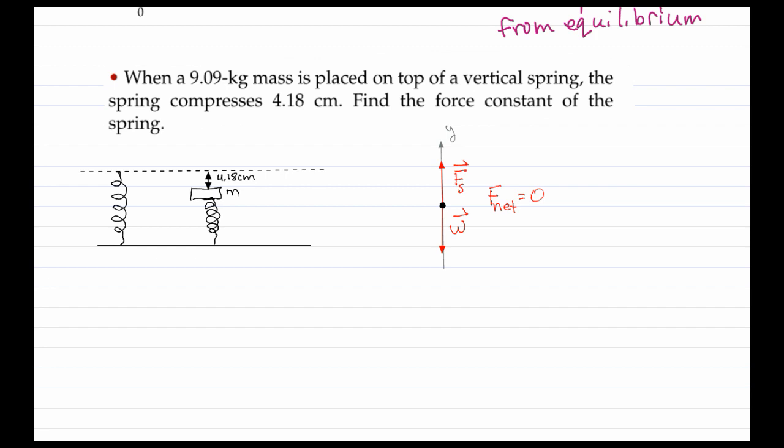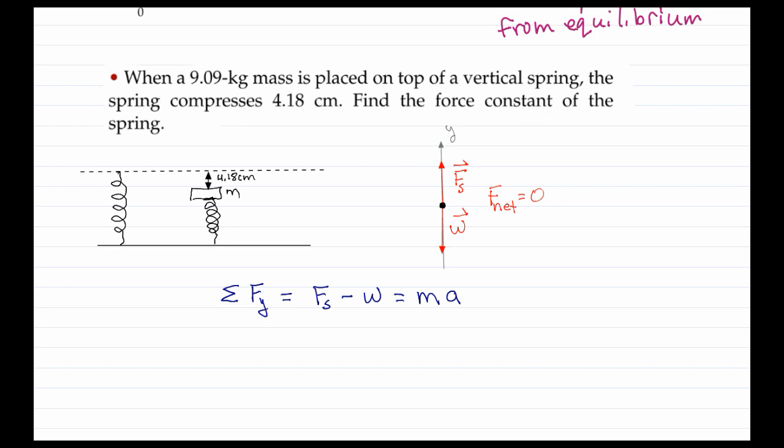Let's turn to Newton's second law. So in component form, we have the sum of the y components, and that's just going to be the y component of our spring force, which is in the y direction, so that's just the magnitude of the spring force minus the magnitude of the weight, and that's equal to mass times acceleration.